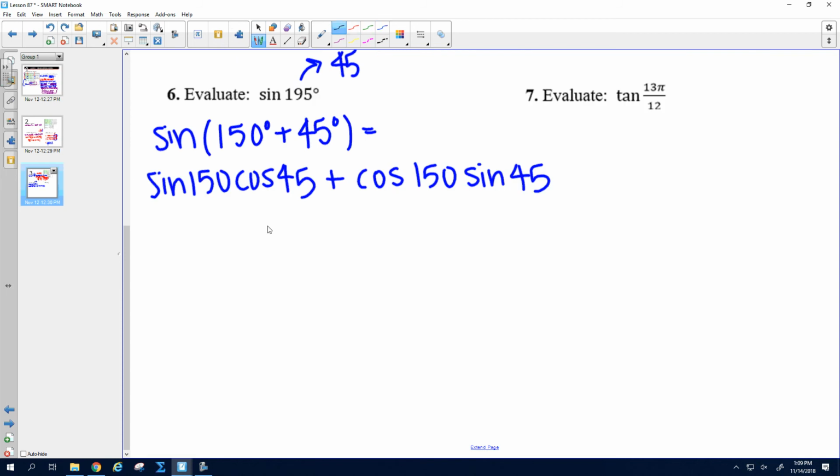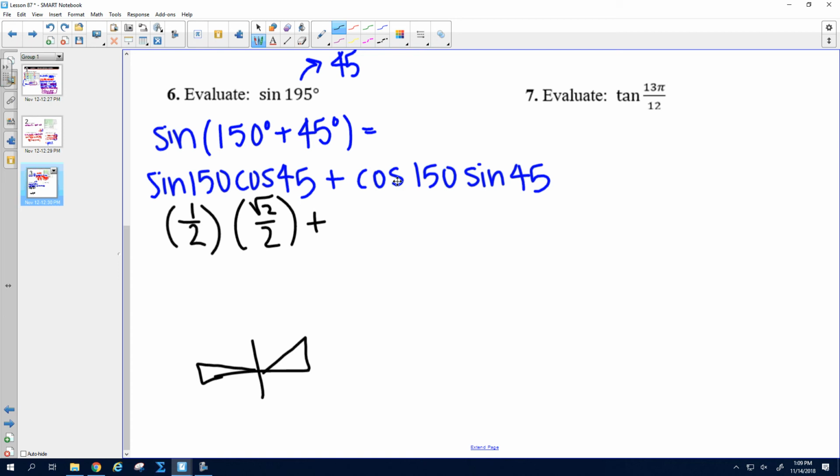And then we got to evaluate all of these. So 150 degrees is like here. So what's the sine of 150? 1/2. Okay, and the cosine of 45 degrees is square root 2 over 2. Then I have the cosine of 150, so that's the x part right here, which is negative root 3 over 2.